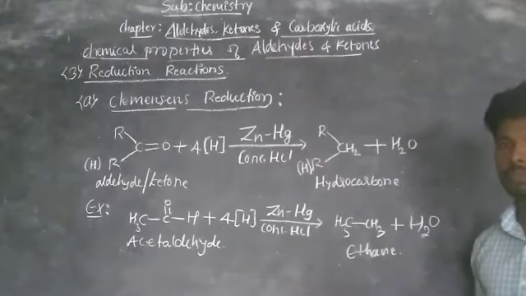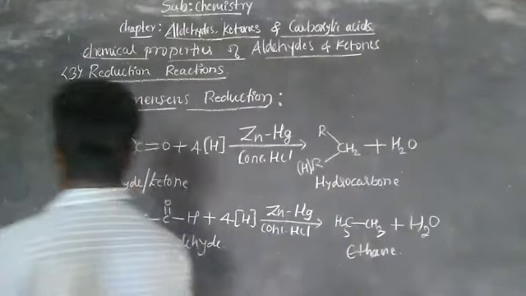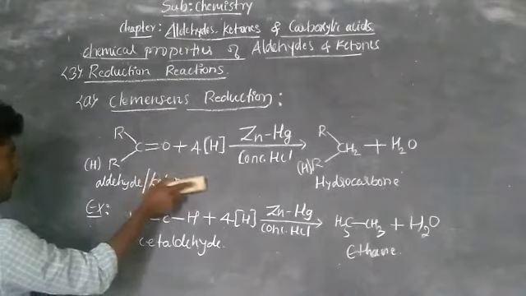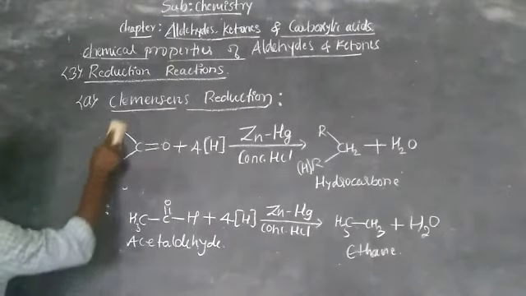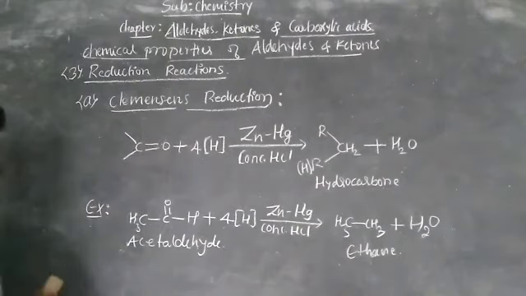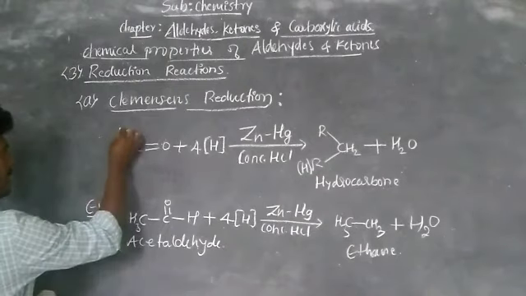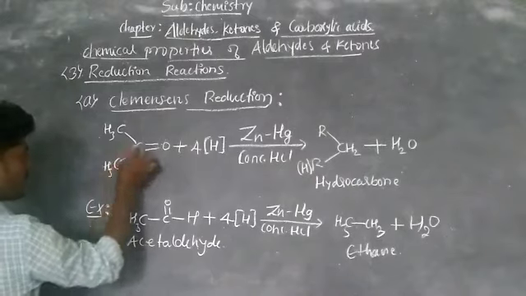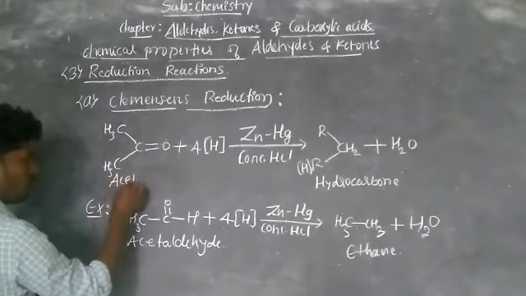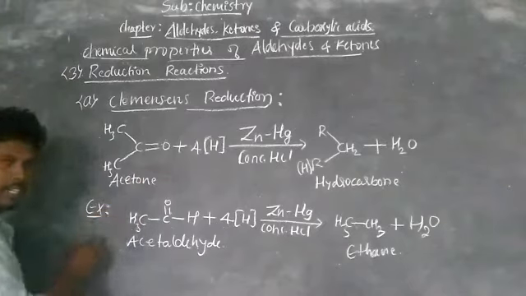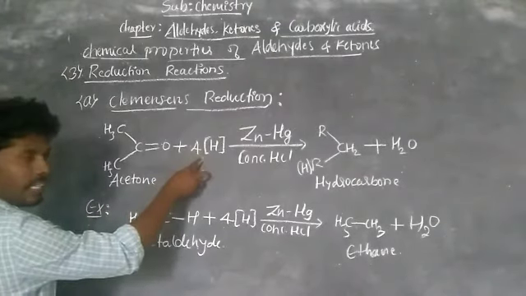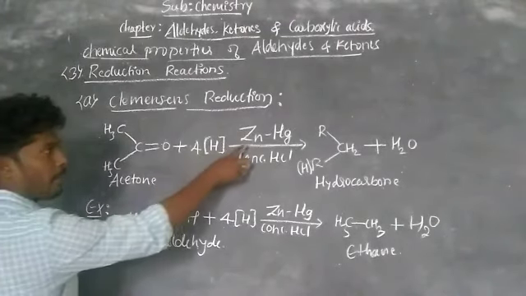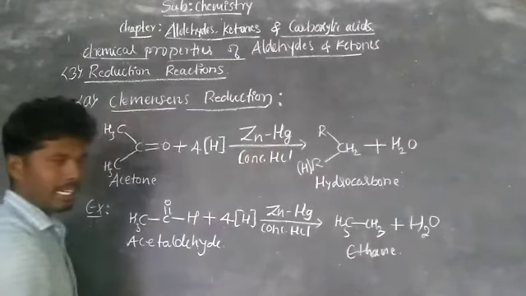Now take a ketone. Take the example ketone, where in place of R we write CH3, that is CH3 bond CO bond CH3. What is its name? Acetone. This is a ketone, acetone. Now it is treated with zinc amalgam and concentrated HCl.